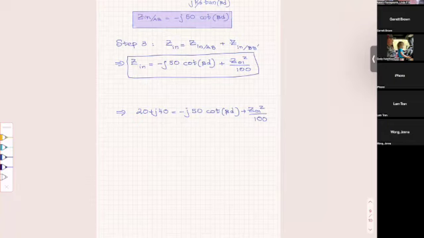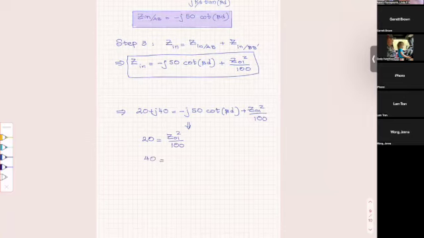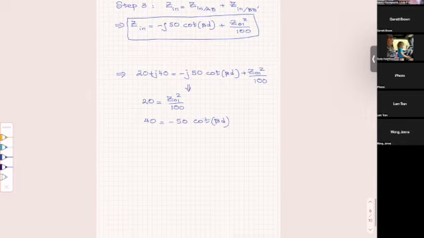So the real parts have to be equal, and the imaginary parts have to be equal, which means 20 has to be equal to Z01 squared over 100, and 40 has to be equal to minus 50 cotangent beta D. Okay. And from the first one, we find that Z01 has to be the square root of 20 times 100.